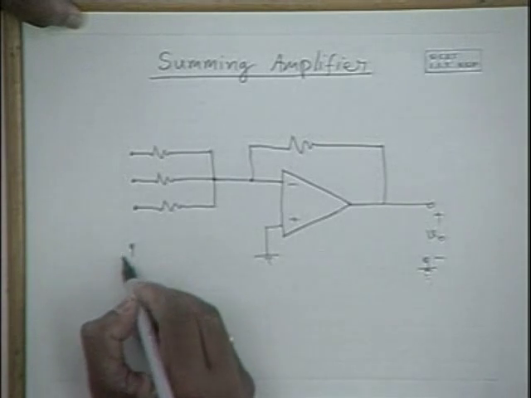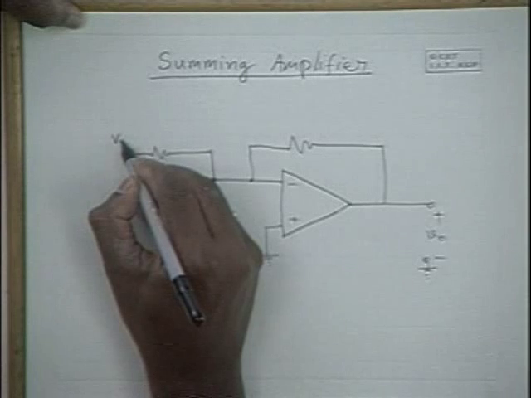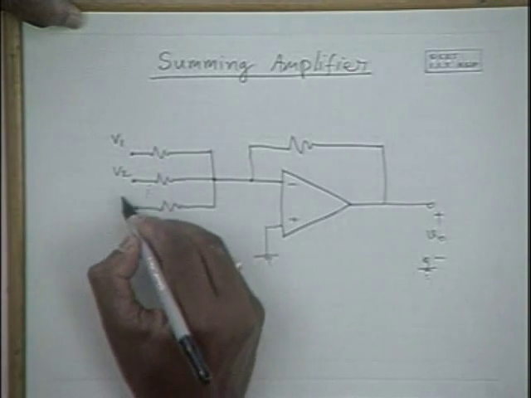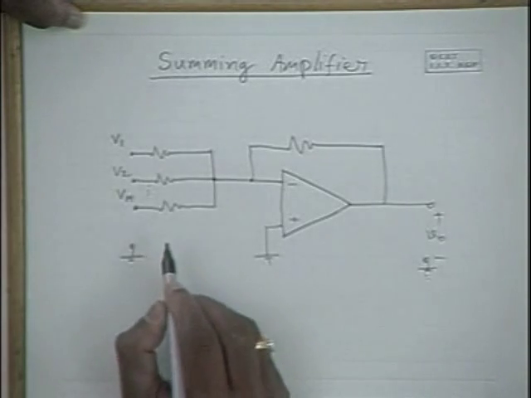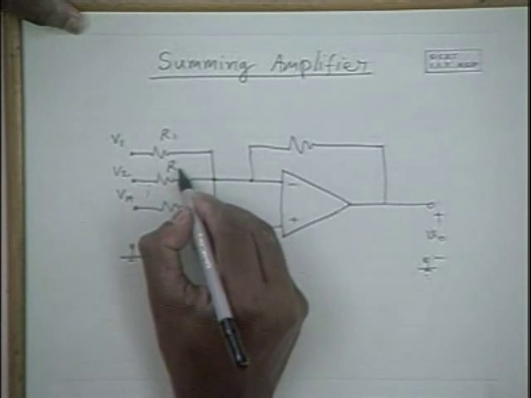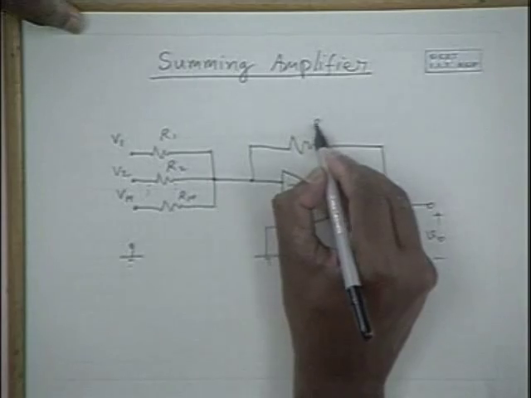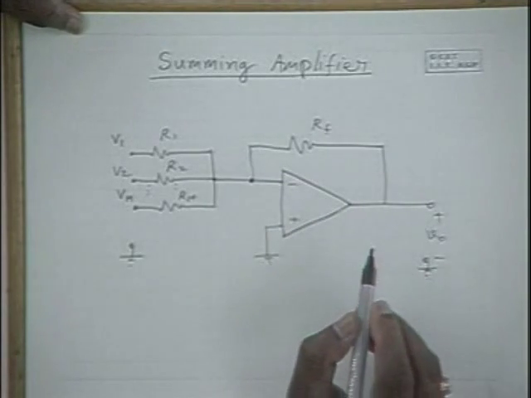And between the ground and each one of these inputs, if we apply inputs like V1, V2, etc. up to Vm, let us say we have applied m inputs through resistances R1, R2, etc. Rm, and a feedback resistance Rf, and this is applied to the inverting terminal here.